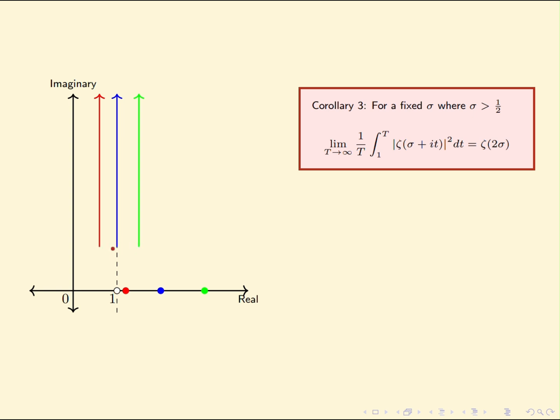If you take some fixed point above 0 and start there and go up the line, then what we're saying is that the average value along this line is just zeta of 2 sigma wherever your sigma started. So if you took this green line, the average value of this line corresponds to this point, and then the blue line corresponds to this point, and then the red line corresponds to this point. Again, every time I say average value of zeta, I mean the integral of the absolute value of zeta of sigma plus it, squared, dt. So it's not really the average value of zeta, it's the average value of the absolute value of zeta squared.